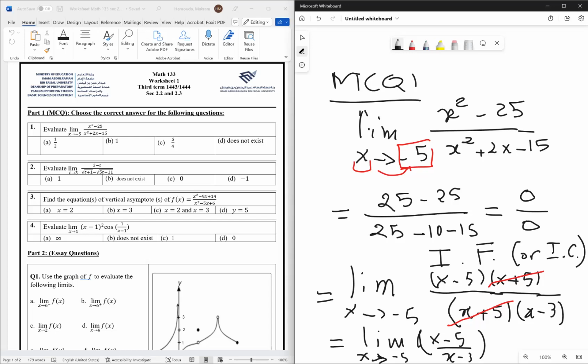And now I can substitute. So it's minus 5 over minus 5 minus 3. And simple computation here will give 10 over 8, which is also by simplification 5 over 4. So the answer here is C.